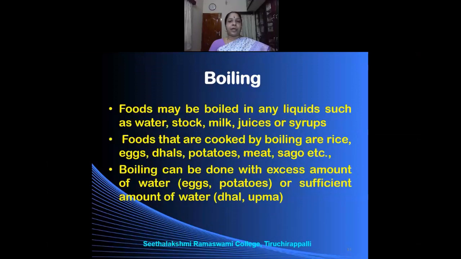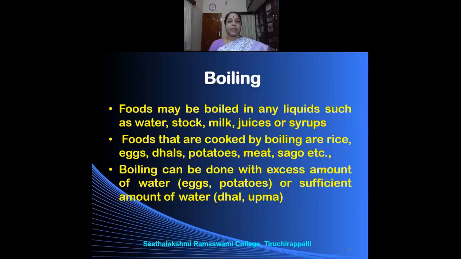Food may be boiled in any liquid such as water, or stock. Stock is nothing but the water in which the vegetables or the meat is cooked. So the water in which vegetables are cooked can be used as a stock for cooking some other food, like for example in the preparation of a soup.